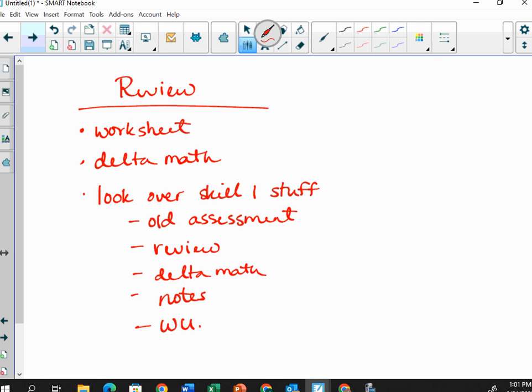You will get another shot at it if you need it on the cumulative, but understand that that's what's happening with the reassessment, okay? So use your old assessments, your old review, your old Delta Math, your notes, your warm-ups. All of those are good things to review going into your assessment on Friday. If you have questions over that, let me know. Otherwise, you've got some time to work.